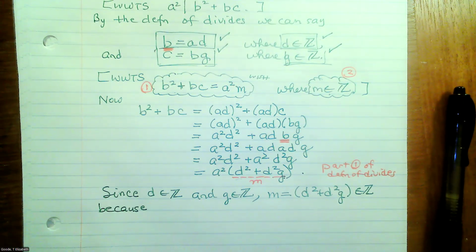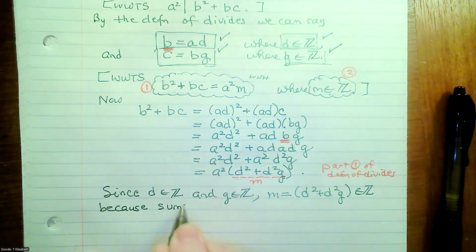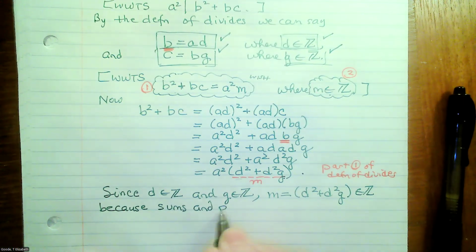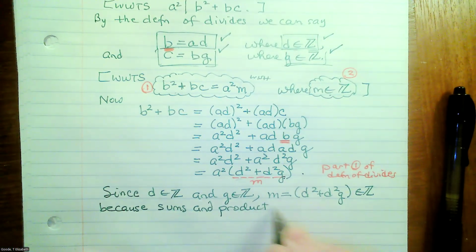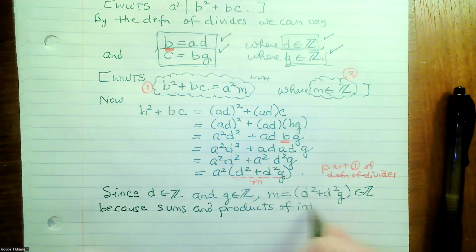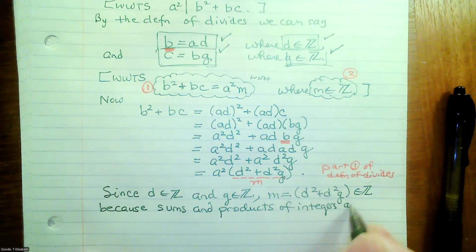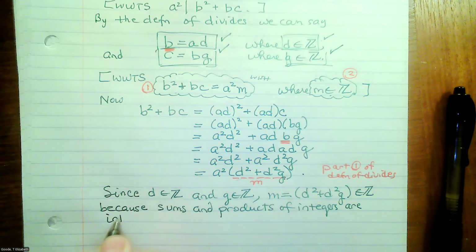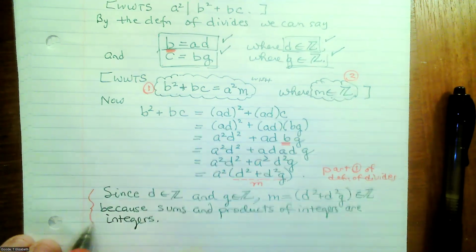Because the sums and the products of integers are integers. That's exactly right, Jaden. Beautiful. Because sums and products of integers are integers. This is worth looking at twice if you get my drift, folks.